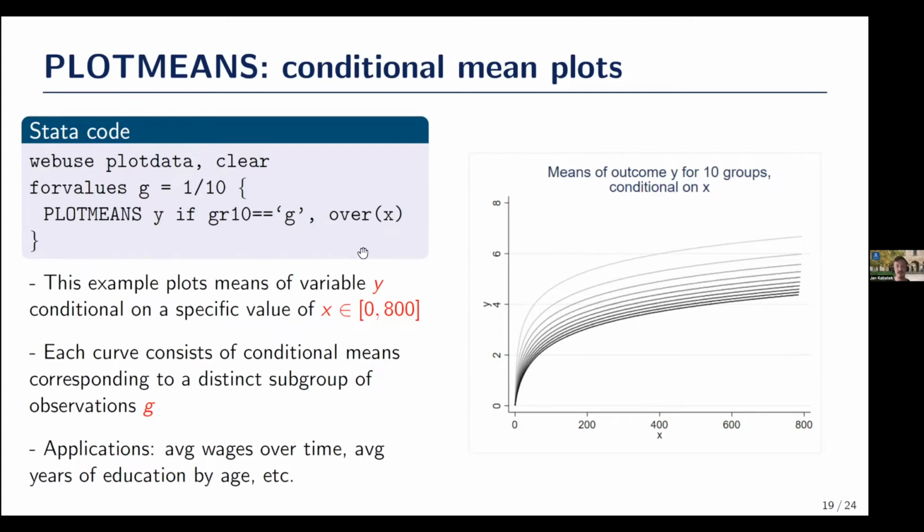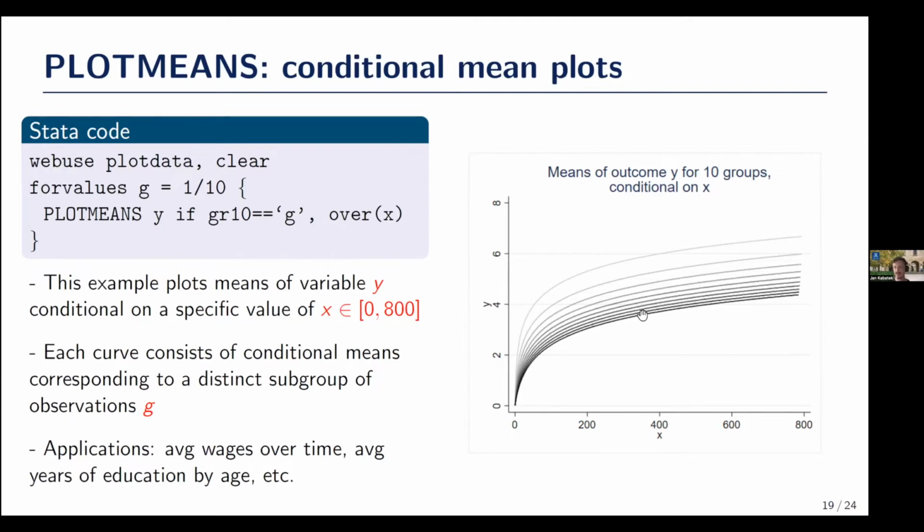Just to explain the picture, what I'm plotting here is the means of a specific outcome Y for 10 groups of individuals, which are labeled as G. And once again, all these means are conditional on X, which ranges from 0 to 800.